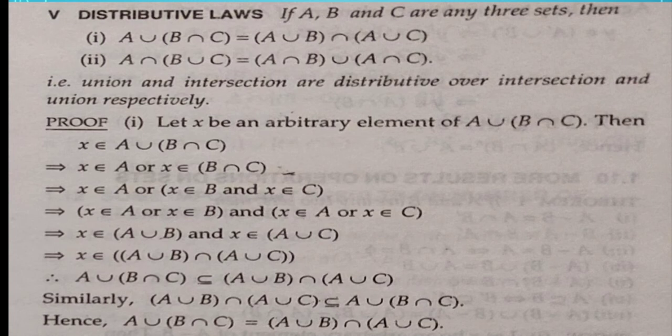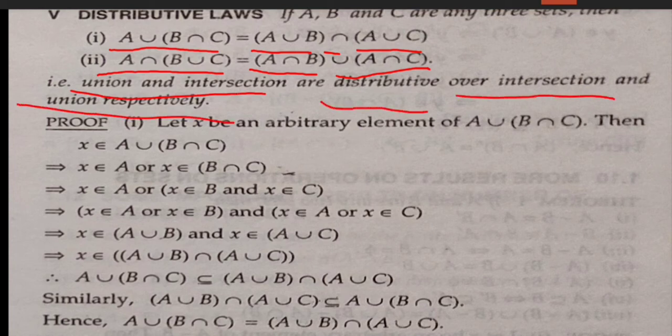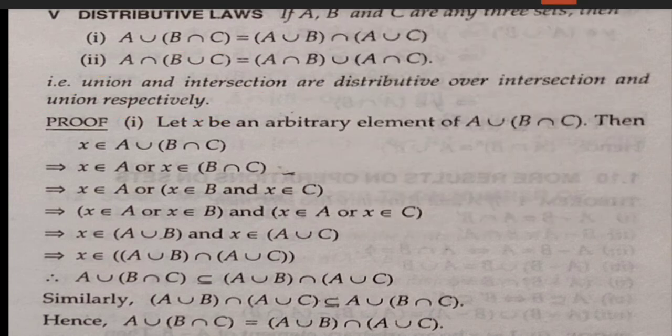If A, B and C are any three sets, then the first one is A union of B intersection C, which is equal to A union B intersection of A union C. And the second one is A intersection of B union C can be written as A intersection B union of A intersection C. That is, union and intersection are distributive over intersection and union respectively, right?